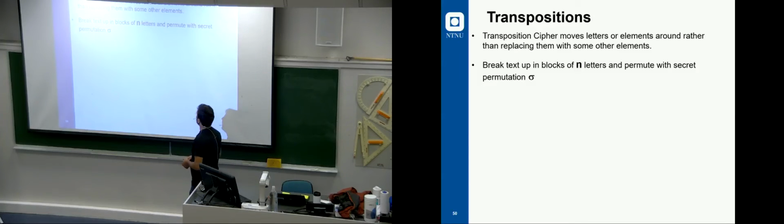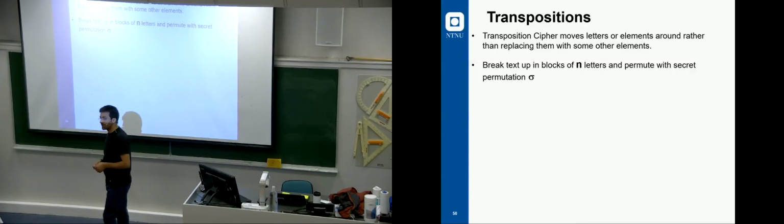What it does is break the text up into blocks of n letters and permute them with a secret permutation, sigma. We denote that with sigma. For example, I have a plain text. Let n equal 5.